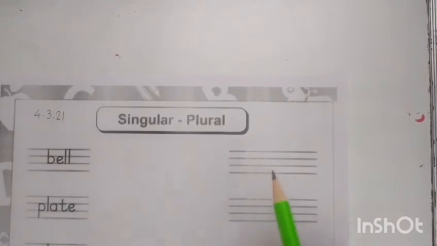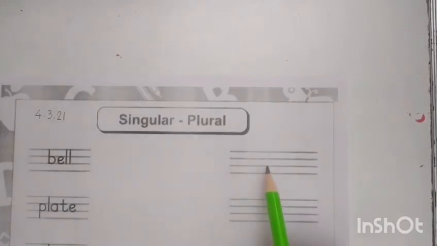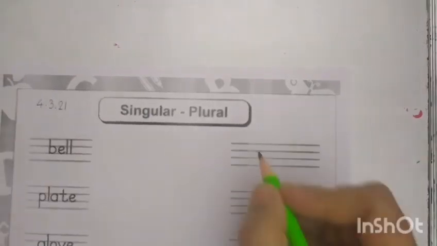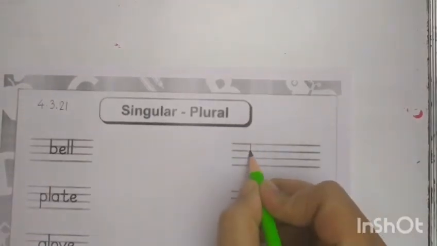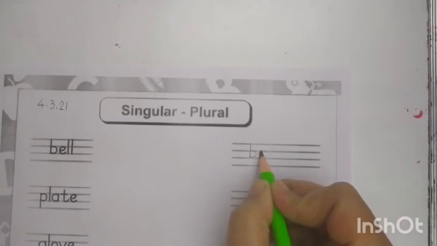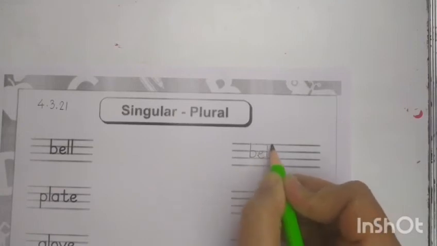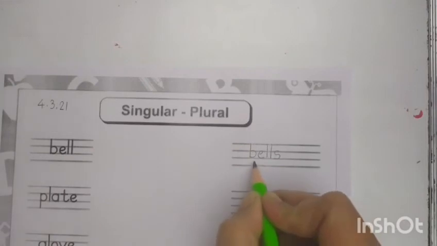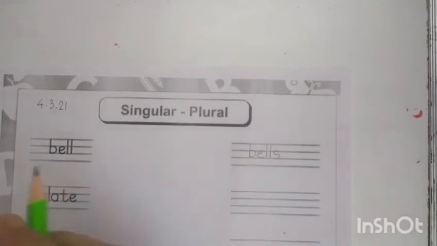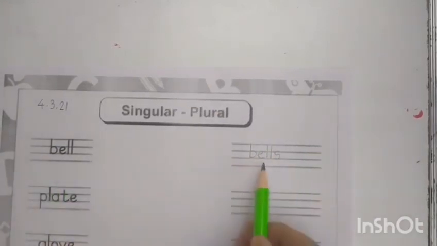So the spelling will be B-E-L-L-S, bells. Let's write. Bell, bells.